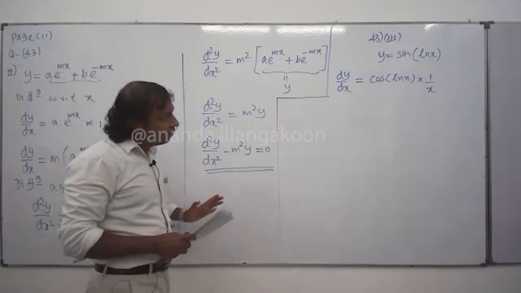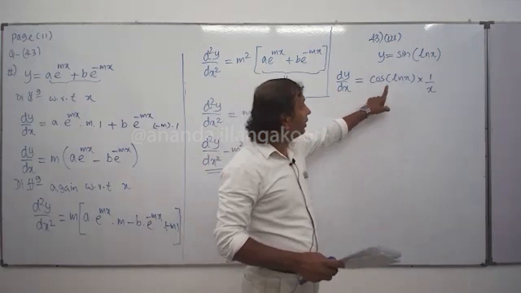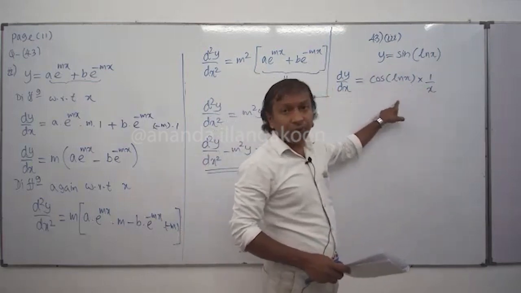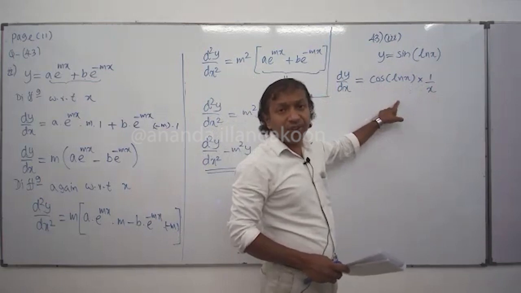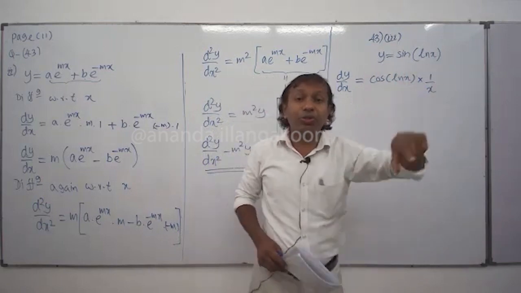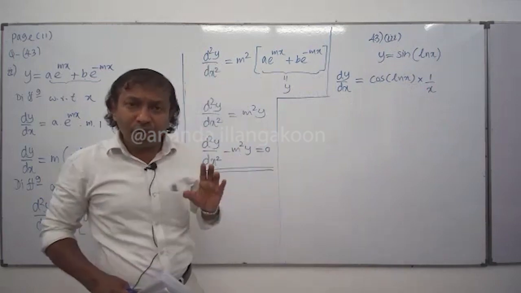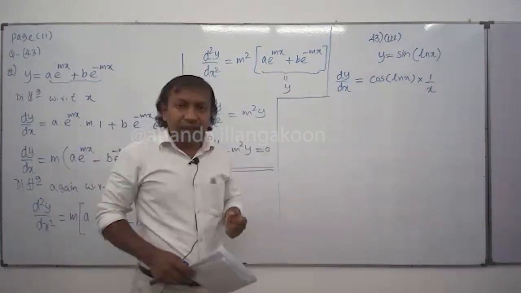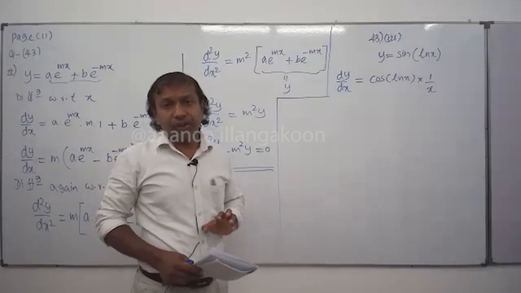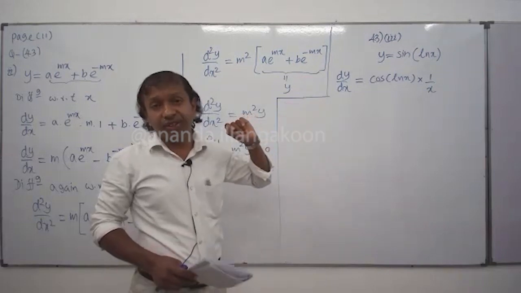People, keep in mind when we differentiate both sides. On the right hand side, this cos ln x is at the numerator and this x is at the denominator. When we differentiate the right hand side, we would have to consider it as a u upon v quotient form. Usually, in developing this kind of differential equation, we don't keep the quotient form to differentiate.